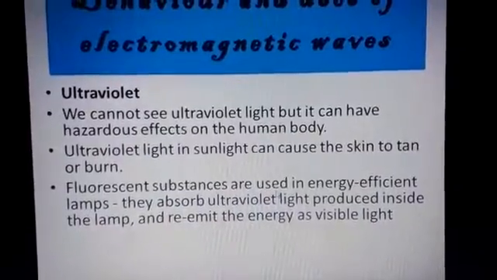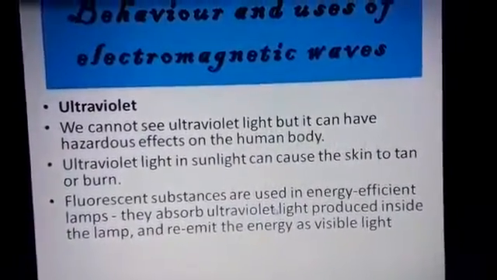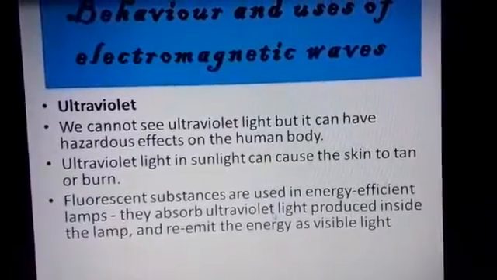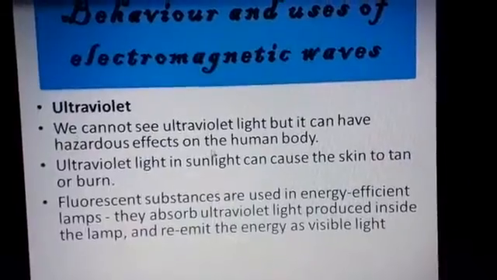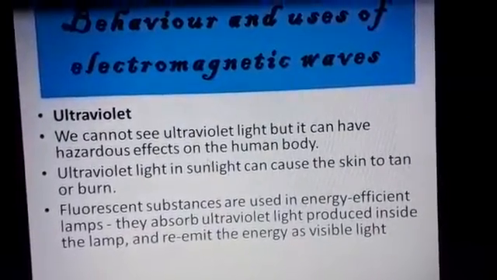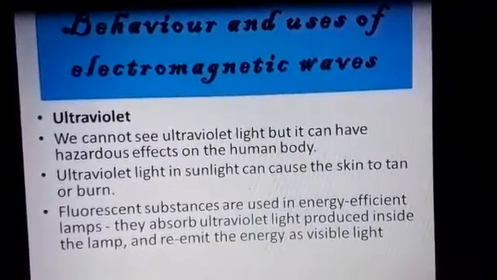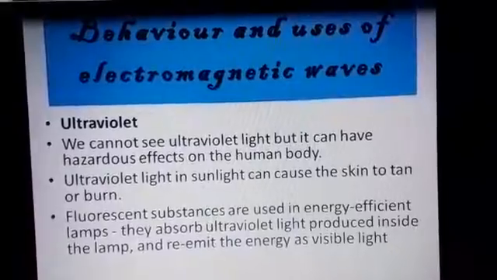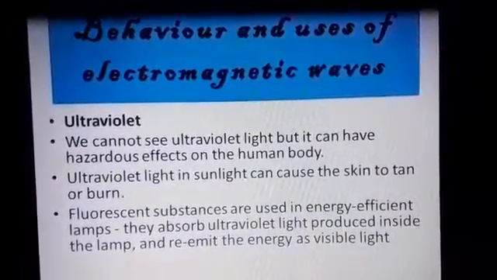That's not very good because it can also cause your skin cells to mutate and sometimes, unfortunately, turn into cancer cells. However, ultraviolet has a higher frequency, so it's used in different fields, for example sterilizing, meaning killing microorganisms in water and vegetables without affecting the water properties or vegetable properties.